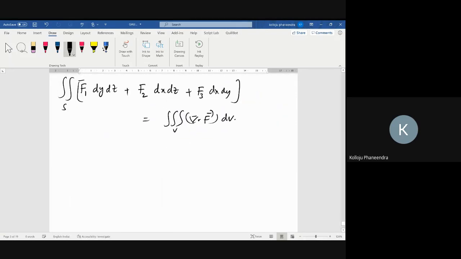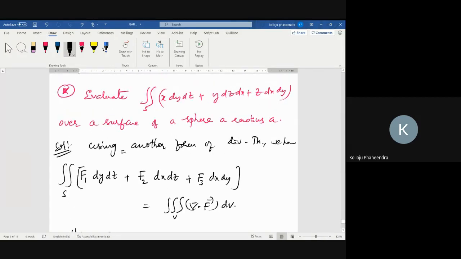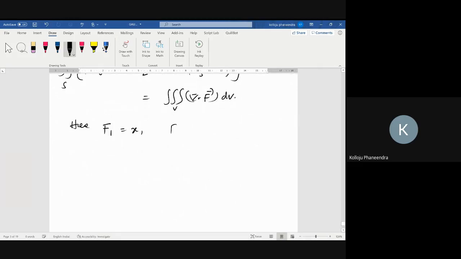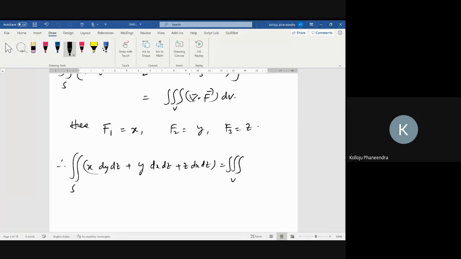According to that, what is f1? f1 stands for the coefficient of dy dz, that is x. f1 is x, f2 is y, f3 is z. Therefore the given double integral equals the triple integral over V of del dot f bar dV, that is dou f1 by dou x plus dou f2 by dou y plus dou f3 by dou z, dV.